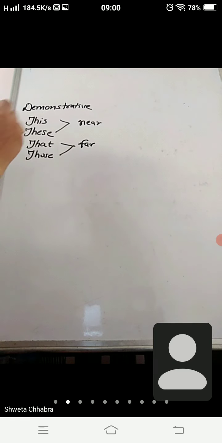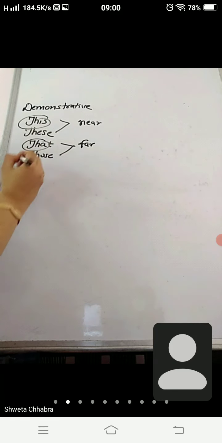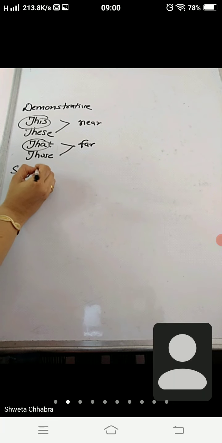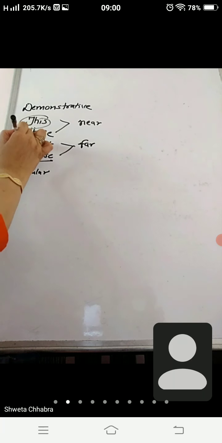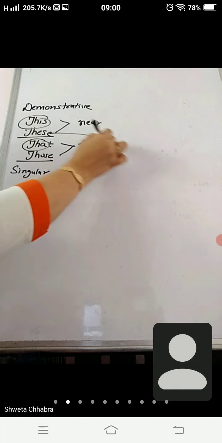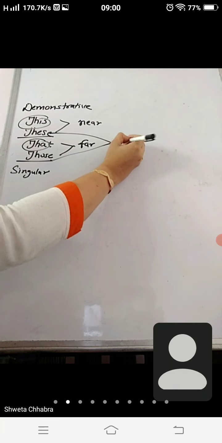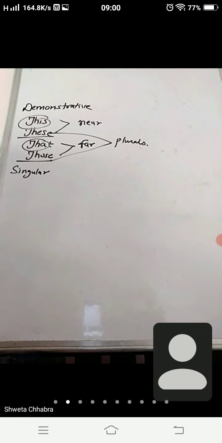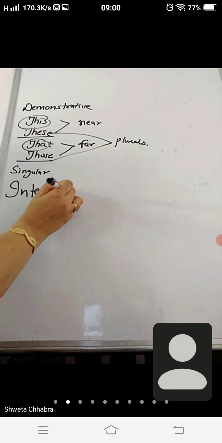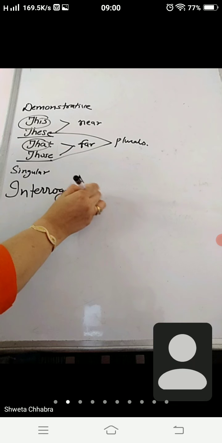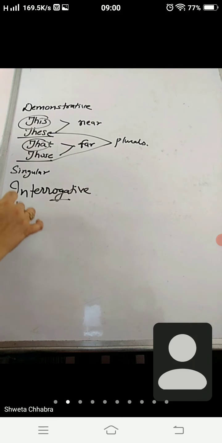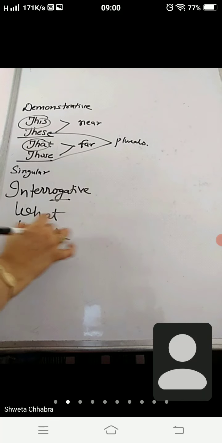Okay, that and those are used for far objects. This and that are both used for singular, and these and those are both used for plurals. Then we have interrogative determiners, like what, whose, which.